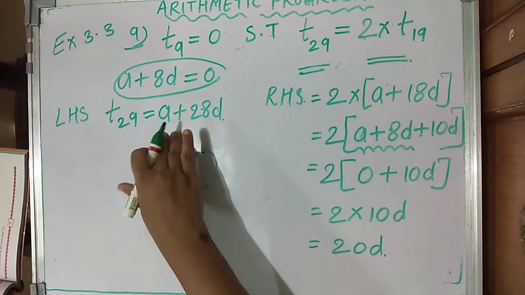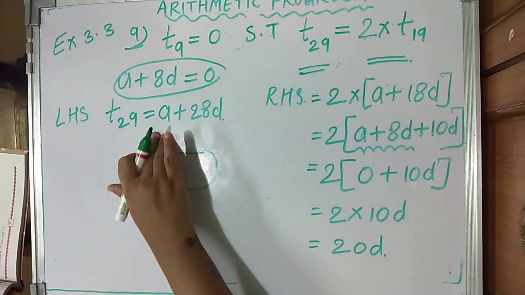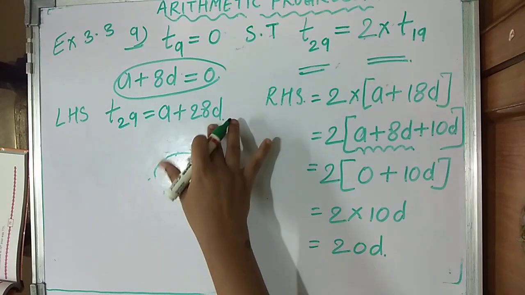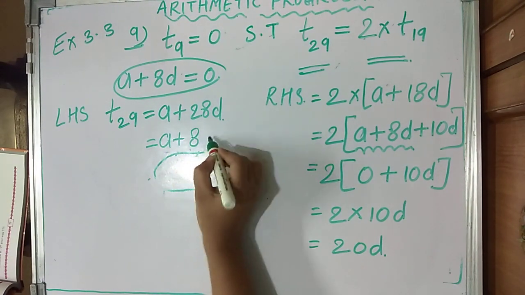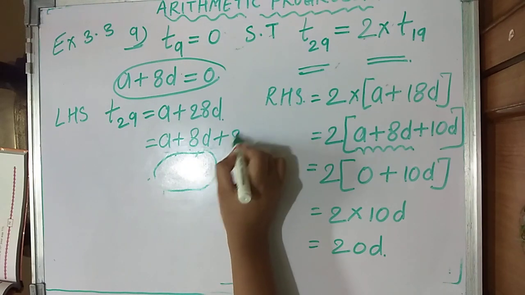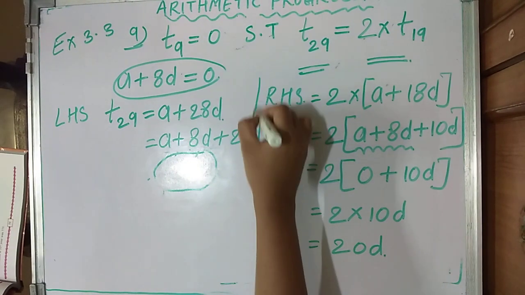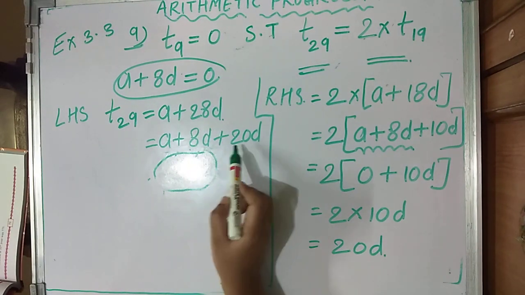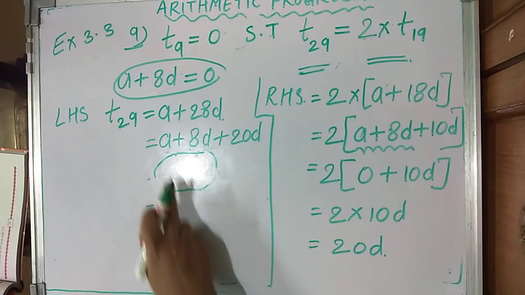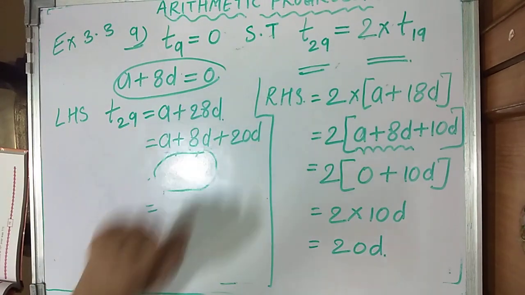Let's see whether we get the same in LHS. LHS is A plus 28D. This will be A plus 8D plus 20D. 28D is written as 8D plus 20D. Again, A plus 8D is given 0.